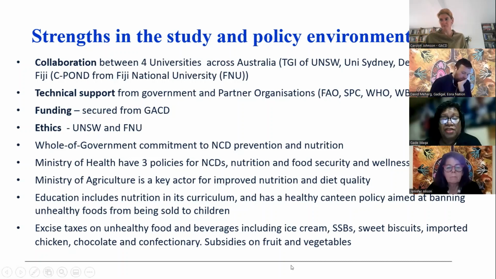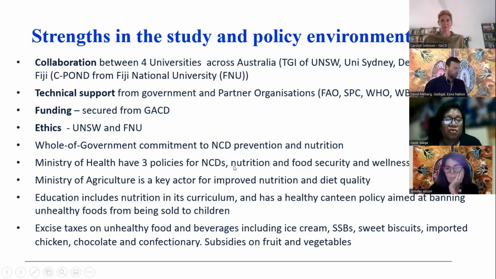The Education Ministry has nutrition in its curriculum, although there is a lot of scaling up that needs to be done with these three government ministries, not to mention the Ministry of Trade as well. There are excise taxes on unhealthy food and beverages, and also subsidies on vegetables. So although we have the government policies mentioned here, there is a need for scaling up.